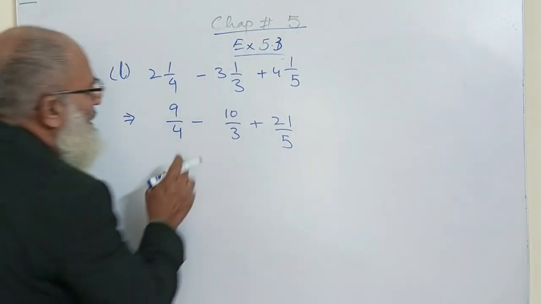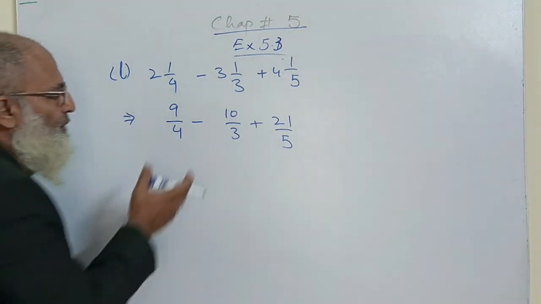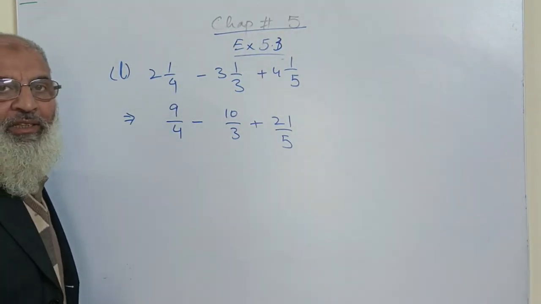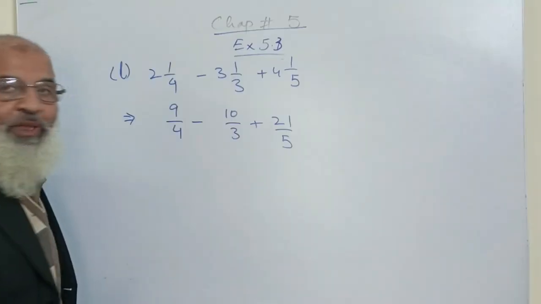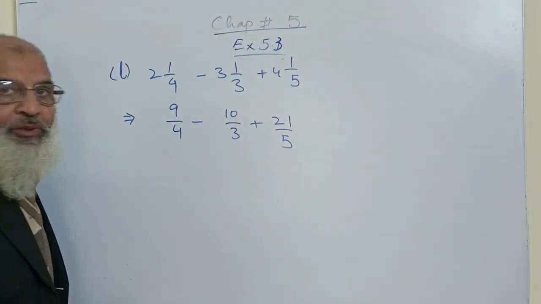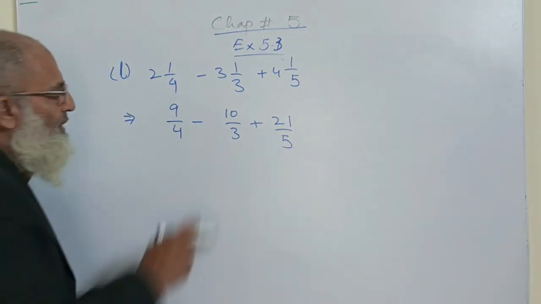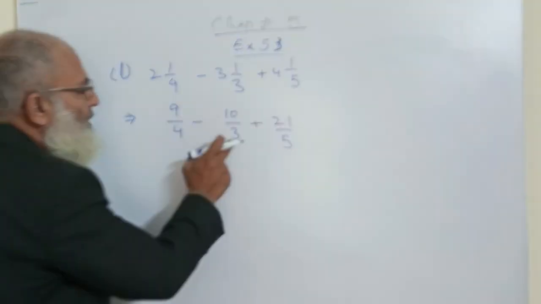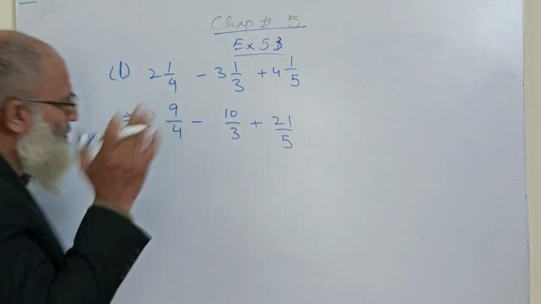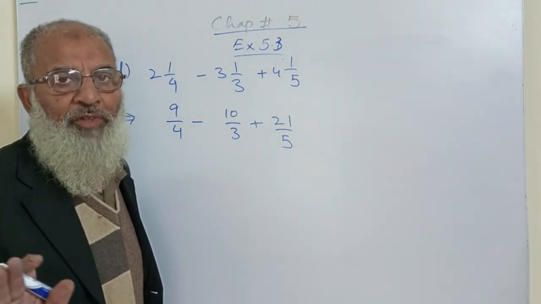Okay, now what is the solution for this? You are not getting any common factor over here. This 4 is divisible by 2, but this 3 is not divisible by 2. This 5 is not divisible by 3 or 2. This is not divisible by 3, this is not divisible by 5, this is not divisible by 3. So you don't have any choice left over here.